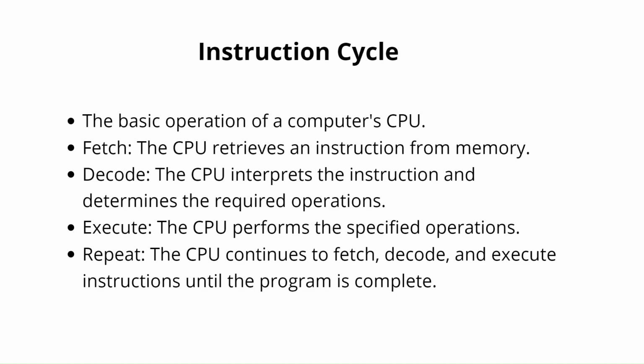Then decode: the CPU interprets the instruction and determines the required operations. Then we have execute: the CPU performs the specified operations. Then repeat: the CPU continues to fetch, decode, and execute instructions until the program is complete.